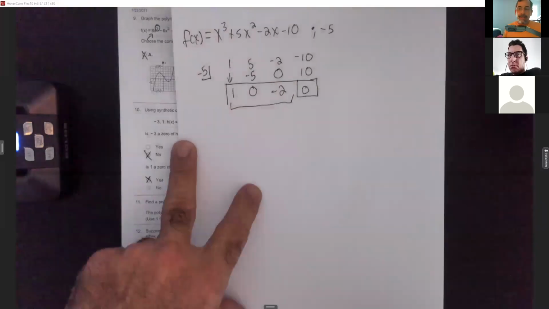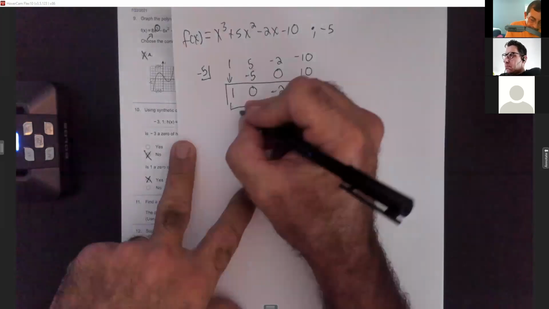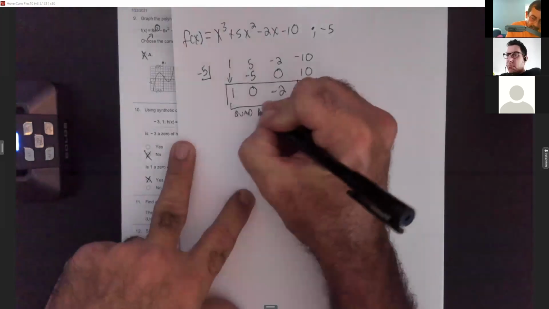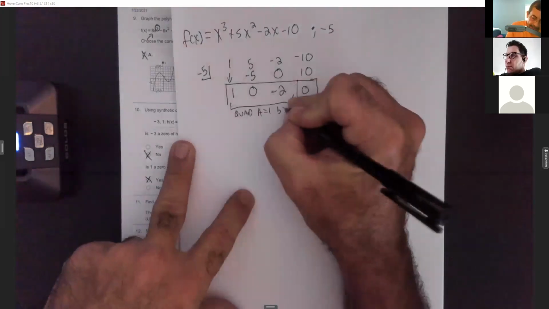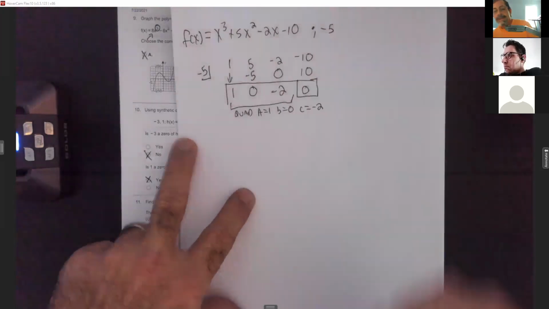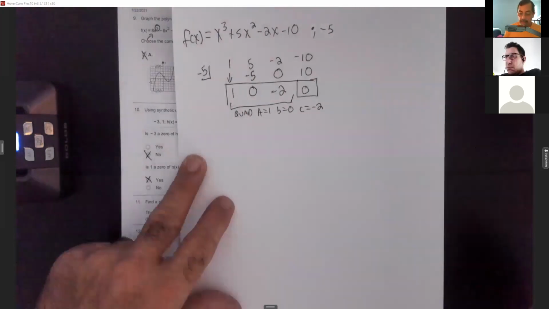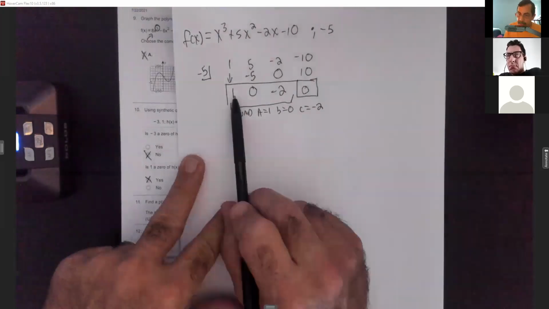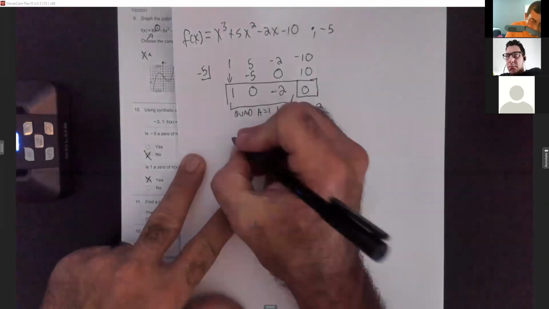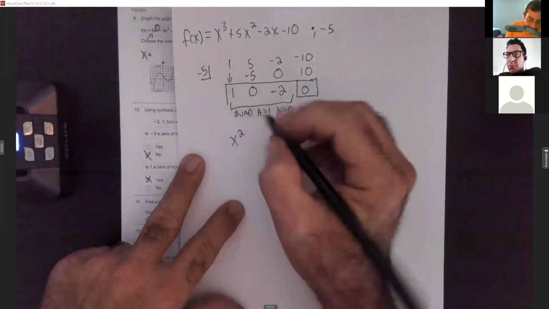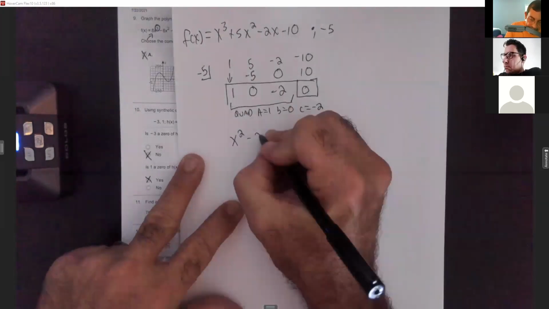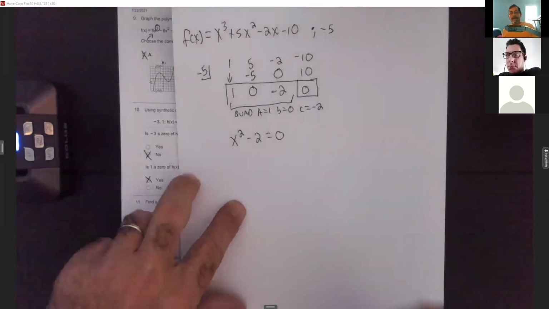2 ways you can use this. You can use quad. A equals 1, B equals 0, C equals -2. And this one actually you can solve by square roots, because the 1 is the x squared term, plus 0x, minus 2 has to equal 0.